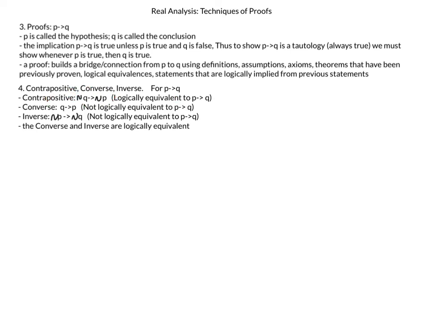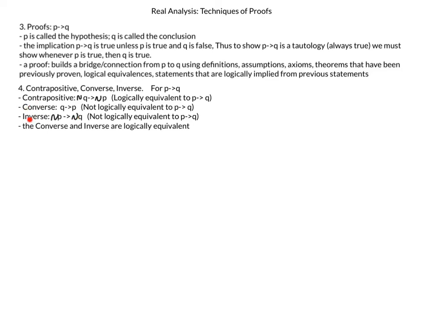The contrapositive is logically equivalent to the original. And that is significant because if you need to prove P implies Q, you can also prove not Q implies not P, and therefore P implies Q. We also have the converse, which is Q implies P, and the inverse, which is not P implies not Q.